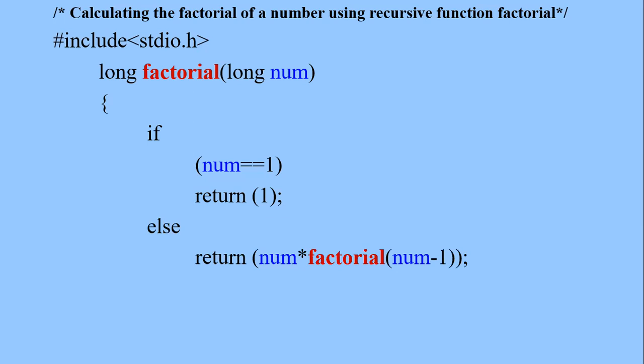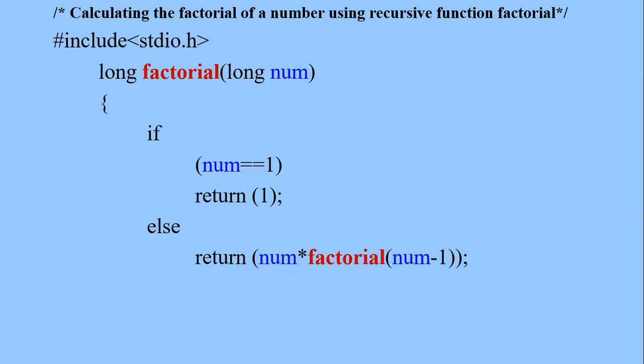The first round, it is 10, which is num, times factorial of 10 minus 1. So that means it will be 10 times factorial of 9. So 9 becomes the new parameter for factorial.